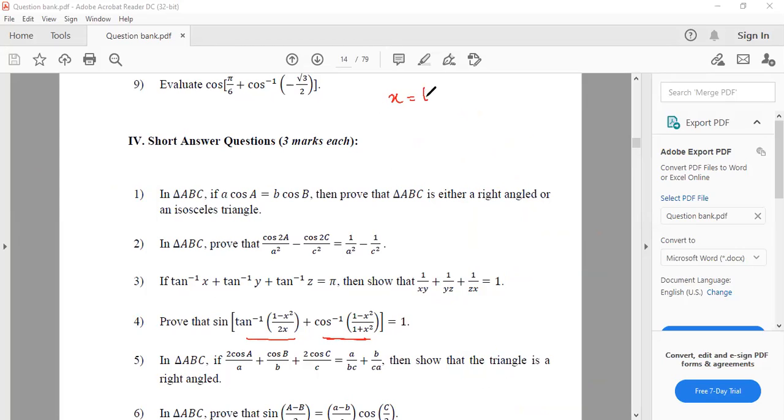Put x equal to tan theta. Then it becomes sine of tan inverse 1 upon tan 2 theta.